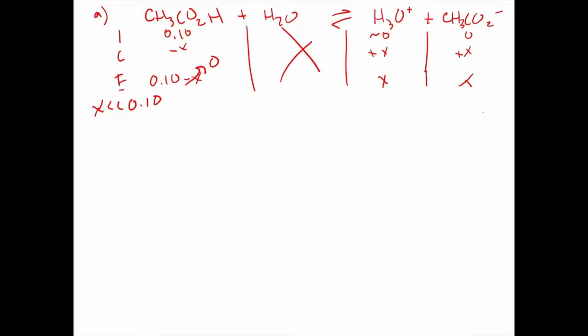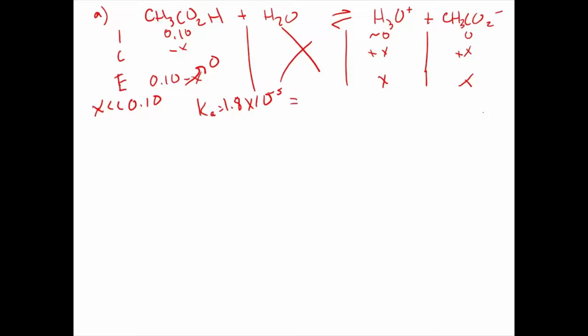And so we are looking for acetic acid. And the nice thing with Appendix H is it has lots of Kas, and acetic acid is there. So acetic acid has a Ka of 1.8 times 10 to the negative fifth. So yeah, based off of that Ka, we can definitely do our assumption that X is much less than 0.10.